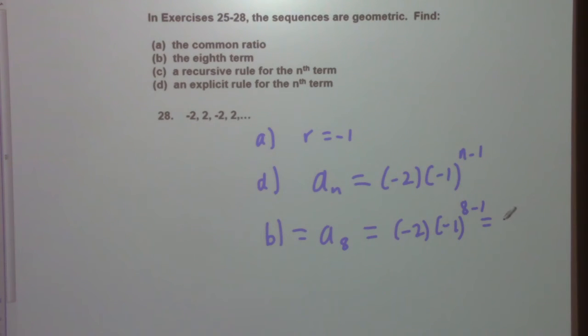I got 2. Let me tell you why I think it has to be 2. Look, this is just alternating, right? First term, second, third, fourth. What is the pattern? One thing you've got to be careful about in the calculator with these is putting these things inside parentheses, because if you don't, you could get tricked. Just watch out for that.